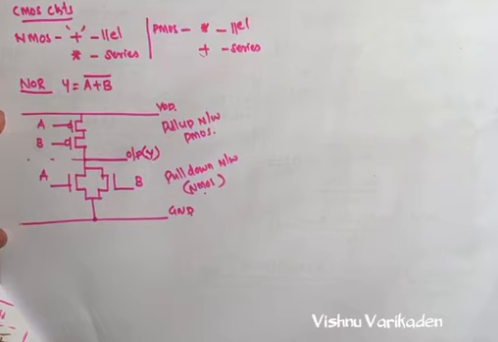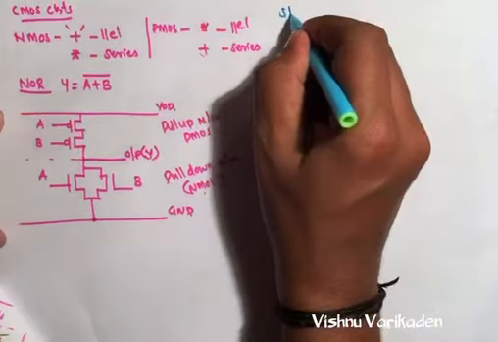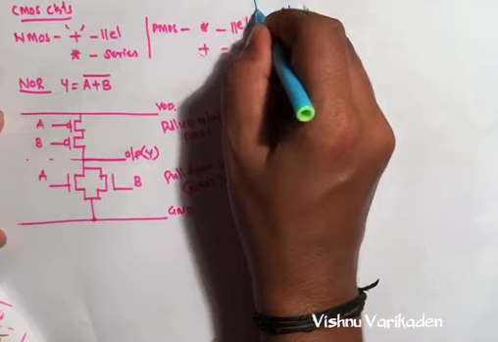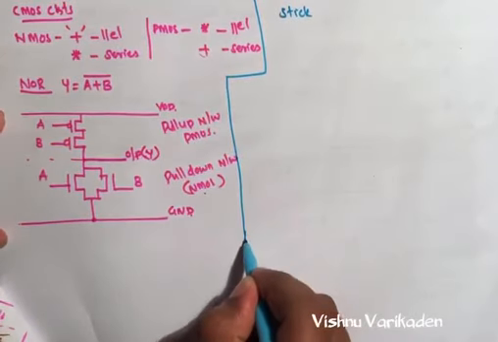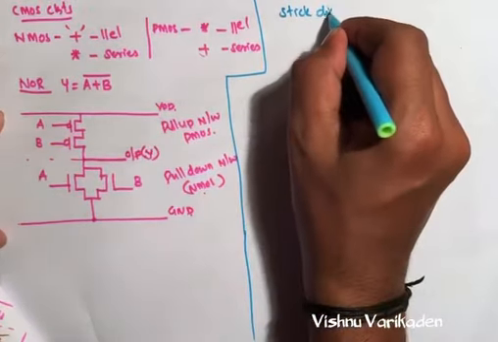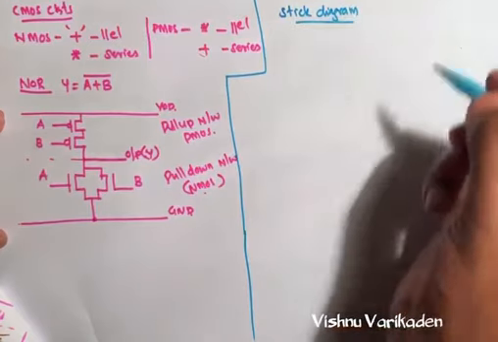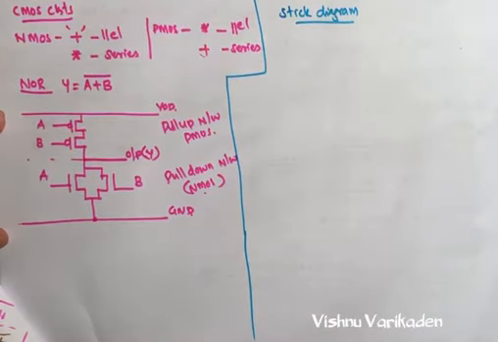Now we can make the stick diagram. So moving to the stick diagram of the NOT gate, we can make it by first allocating much space for drawing the diagram in between VDD and ground.